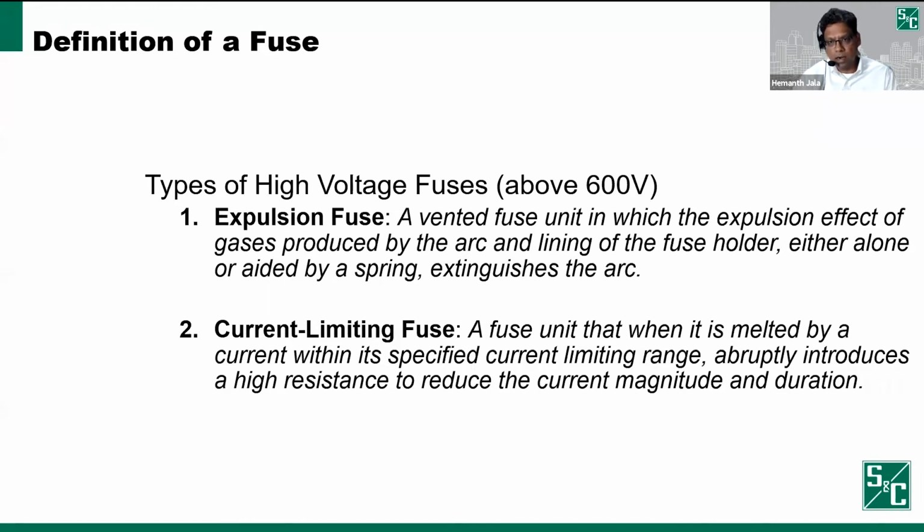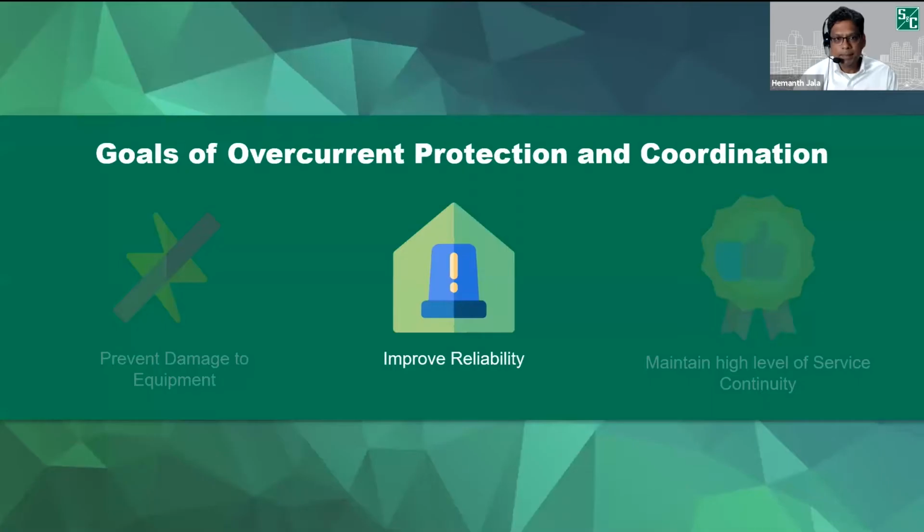That would interrupt the arc and stop the flow of current. With a current limiting fuse, the way it works is it introduces a high amount of electrical resistance in the path of the current flow, and that stops the flow of current, essentially stopping the fault current from going into the system. So these are the two main technologies when it comes to high voltage fuses. We'll take a closer look at the expulsion fuses.